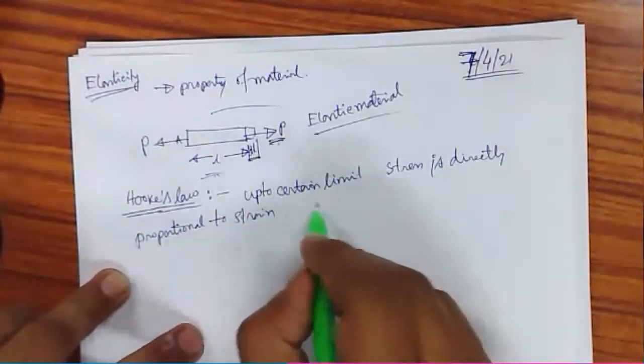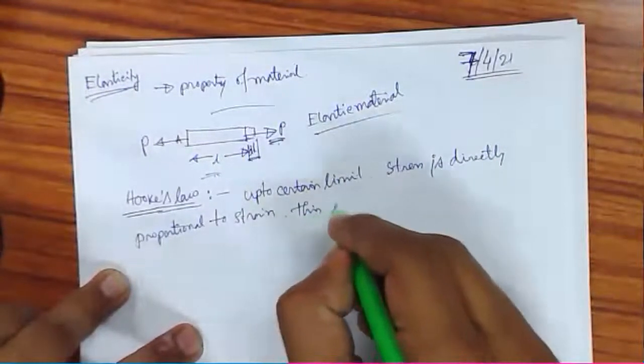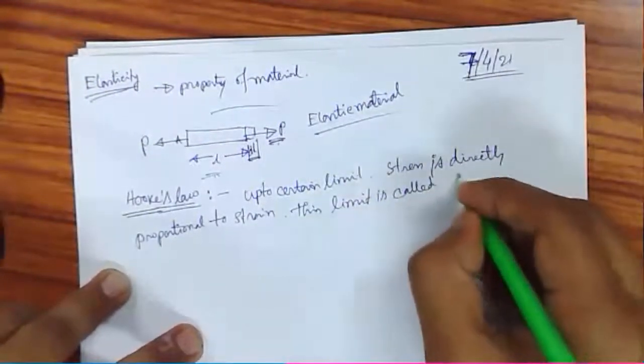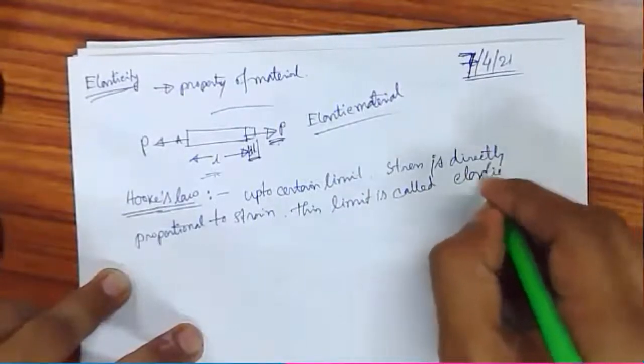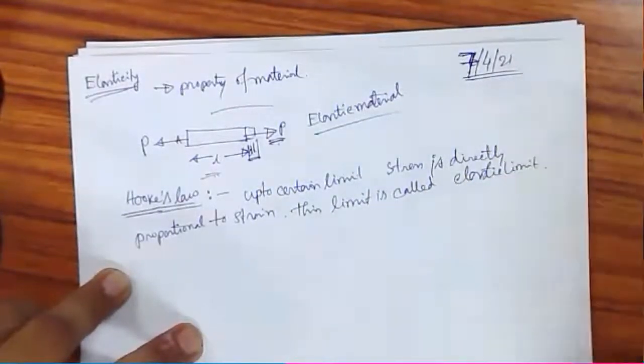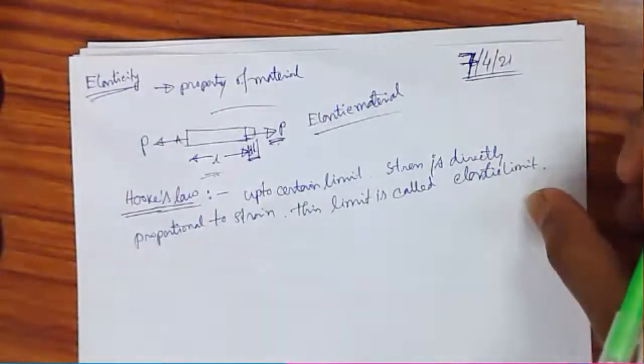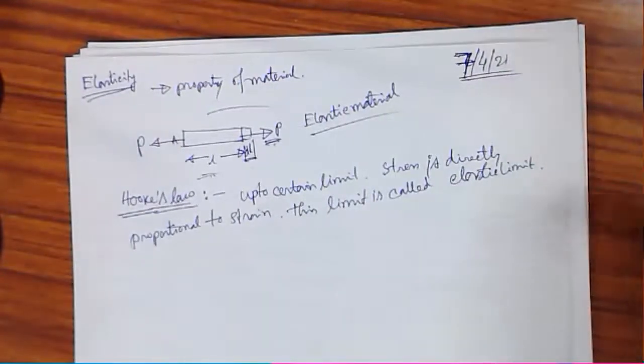Okay, this limit is called elastic limit. Now you have to find the book and you have to write the statement. You cannot change a statement. Whatever is written there, you have to write it here.